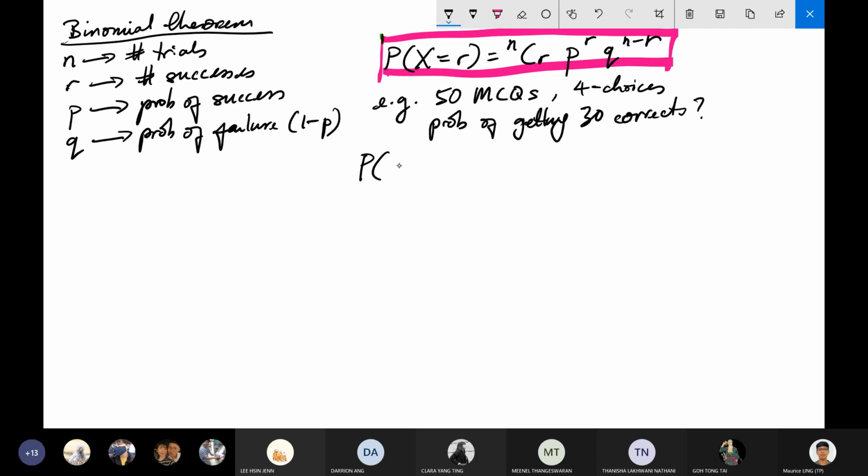So how you plug into the equation is essentially r is 30. Then you have n, which is 50, C 30. Your probability of success is 0.25 to the power of 30, and 0.75 to the power of 20. Okay, so this is the same number.